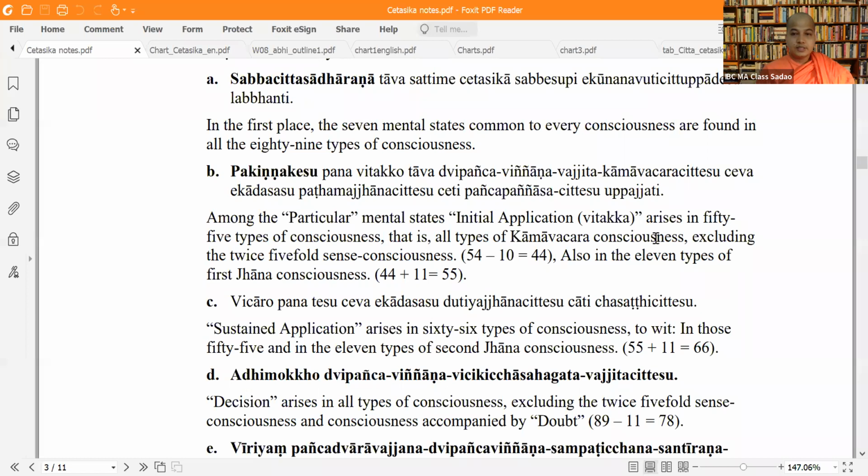So it arises in 55 types of consciousness, that is all types of Kamavachara consciousness, excluding the twice fivefold sense consciousness. What does it mean by twice fivefold sense consciousness?